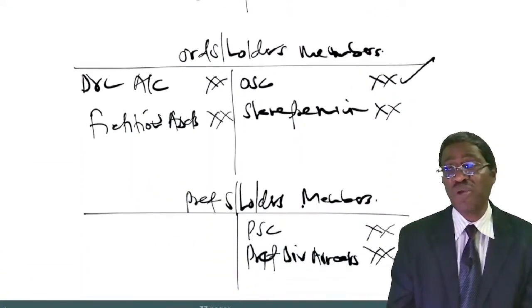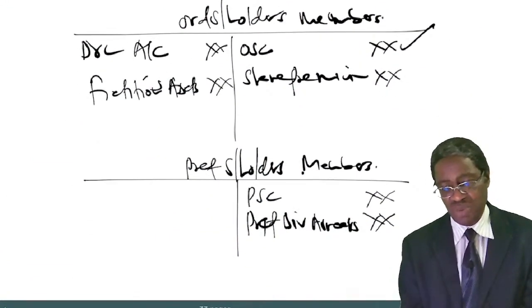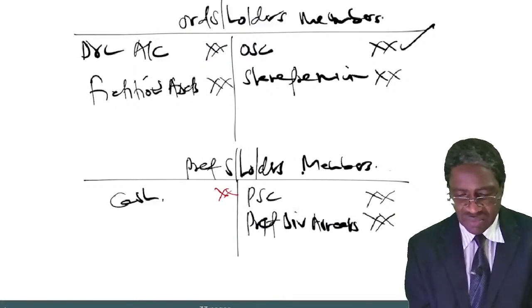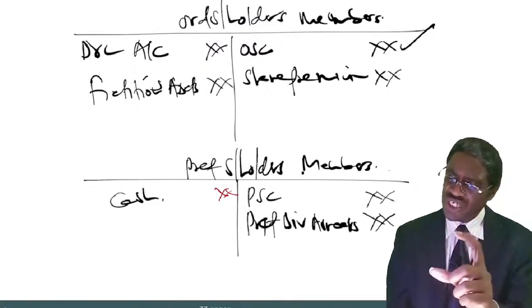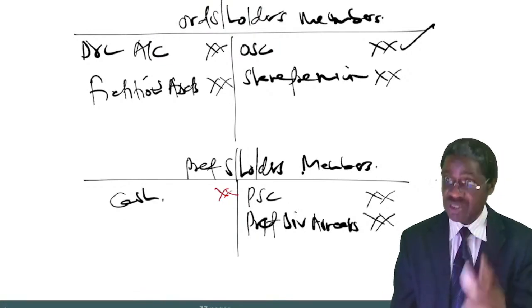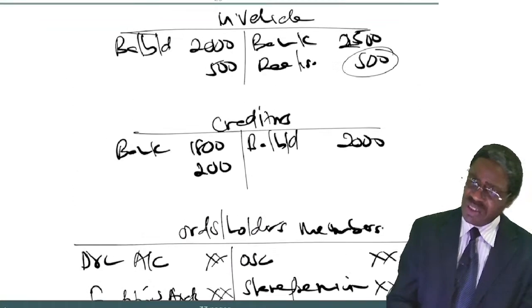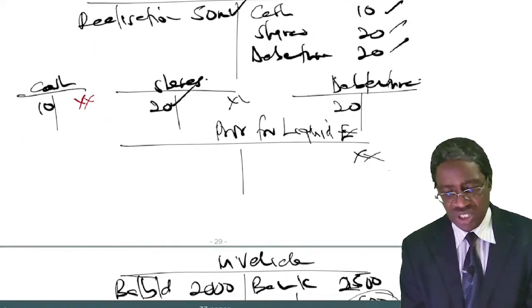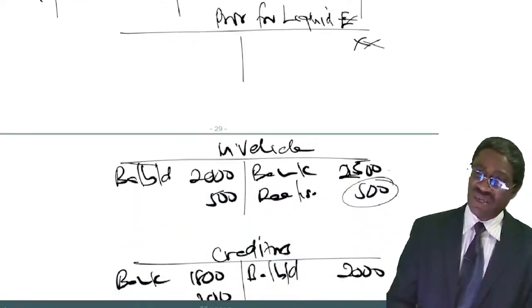Go where you opened the account called preference. Come and debit here. See your cash. Paying them. If the question tells you you are paying them the shares that we received, go to that shares account and you credit it. We received it as an asset. Go credit the shares and you debit the members.